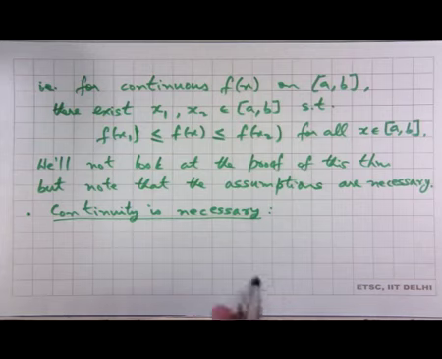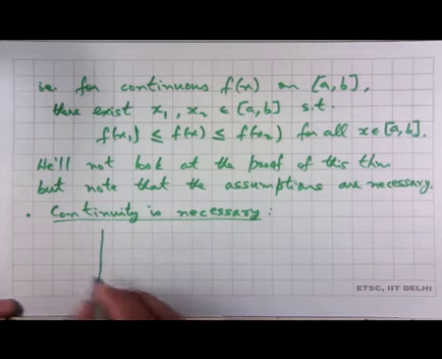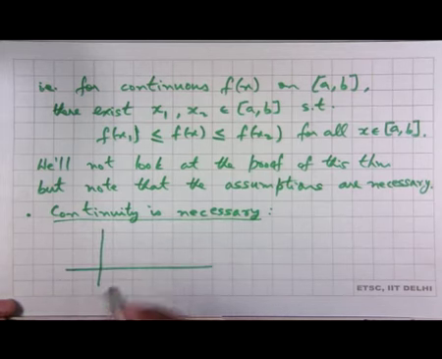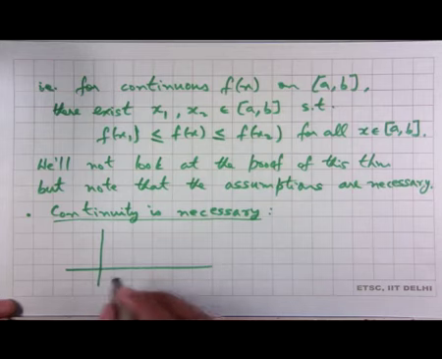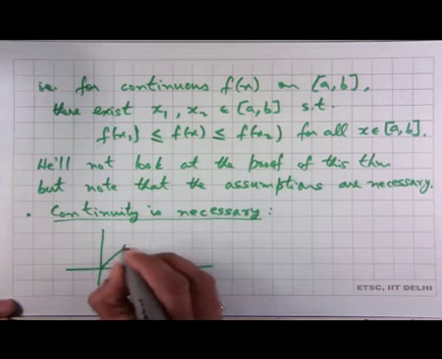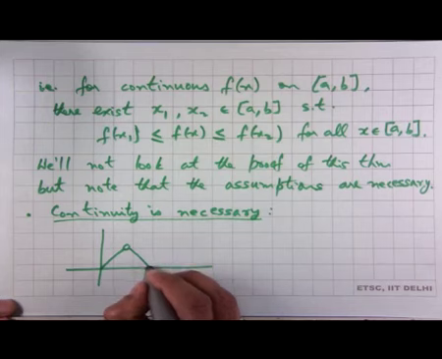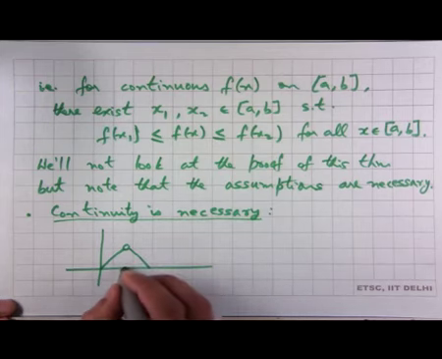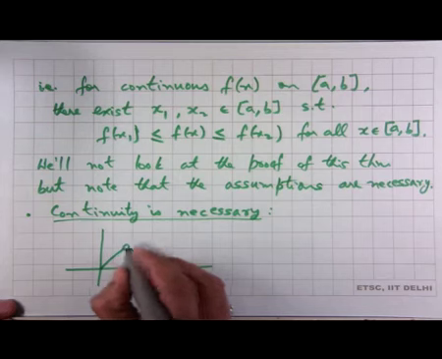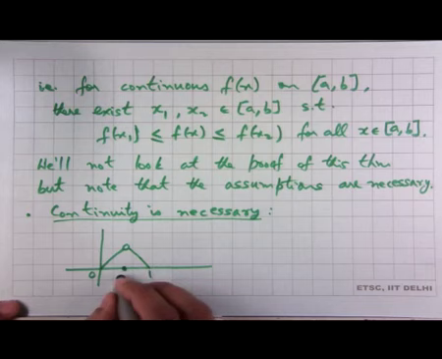Because otherwise you can have, say, this is the function and suppose I take, and at this point this is equal to 0. So, the function is defined on the closed interval 0 1.